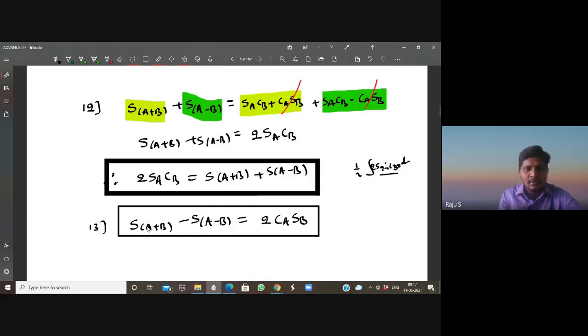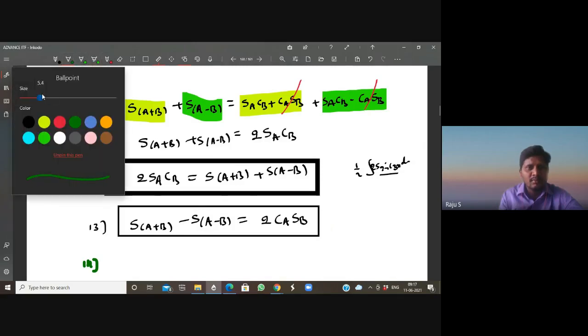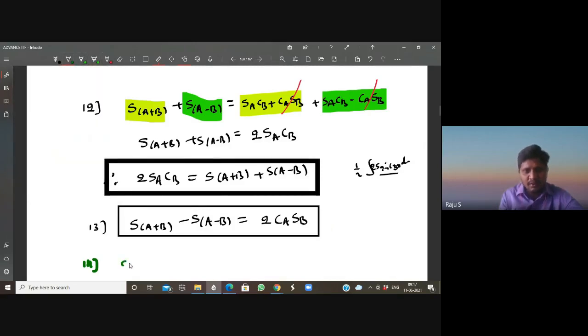Okay, student. In the same way, can you tell me the formula of cos(A plus B) plus cos(A minus B)? Fastly.